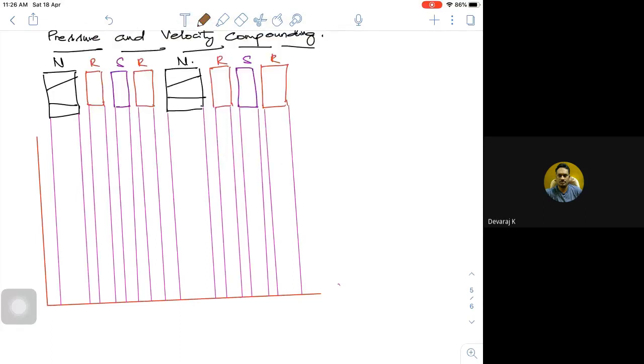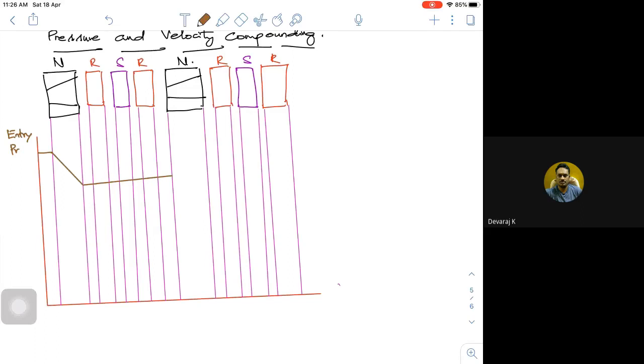Now let us draw the pressure. What happens to the pressure? See, the pressure enters at some value. This is my pressure at the entry. So the pressure drops to a particular value in the first stage of the nozzle. Fine. Then it remains the same till it enters the second nozzle.